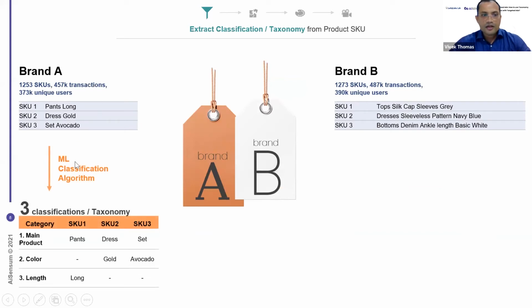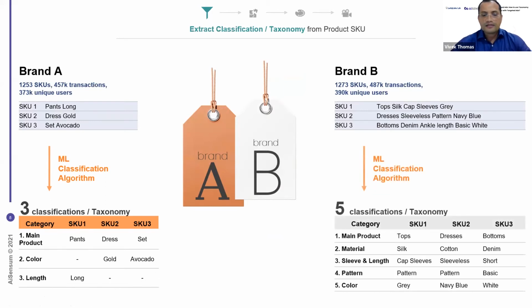So we would use a classification algorithm, and using this, you can see that we can get out 3 classifications or taxonomy here. Based on the SKU definition which has been given to us, we've got a main product, we've got color, we've got length. And you can see in some of the SKUs, we don't have all the information as well. Now let's look at brand B on the other side, right?